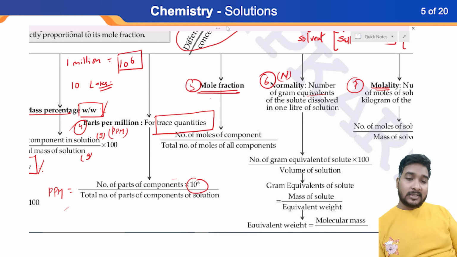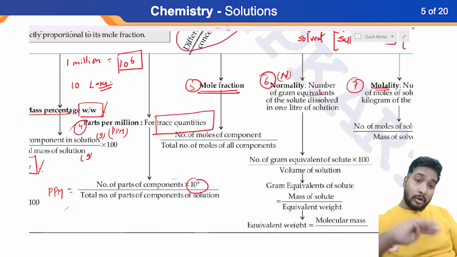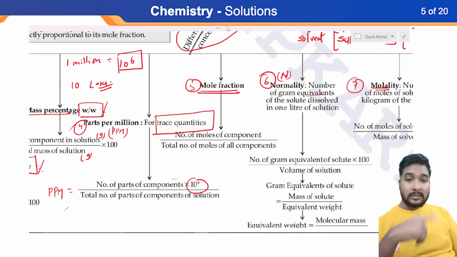So sugar, salt, and lime juice are solutes, and all of these are mixed in water, so water is the solvent. After mixing all these four components, the whole thing is called lime solution.